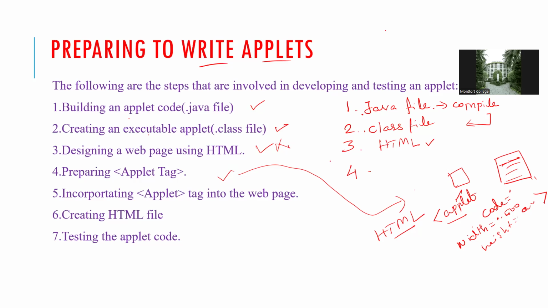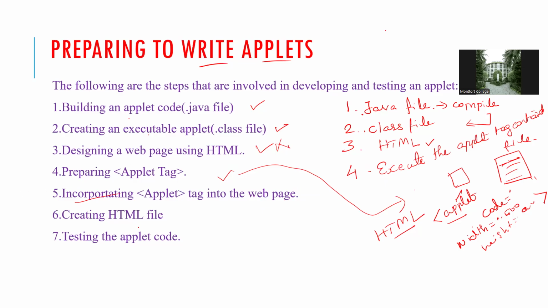So how are we going to incorporate the applet with the web page? When we execute the applet tag contained file, we are going to incorporate it. What is the meaning of incorporate? We are going to communicate with something together, right?